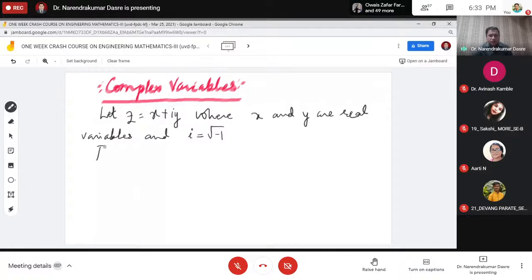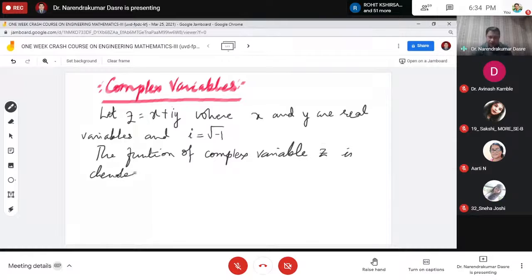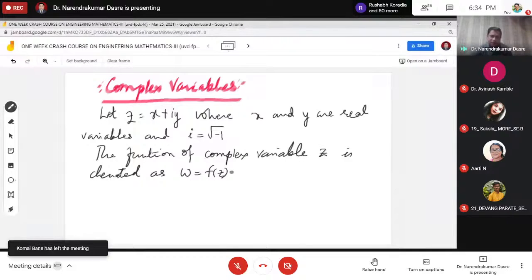Okay, so we'll be having the function of a complex variable z, denoted as w is equal to f of z, or simply f of z.